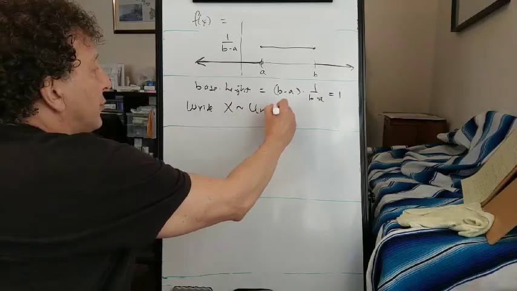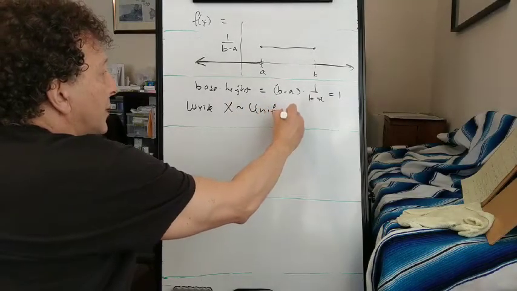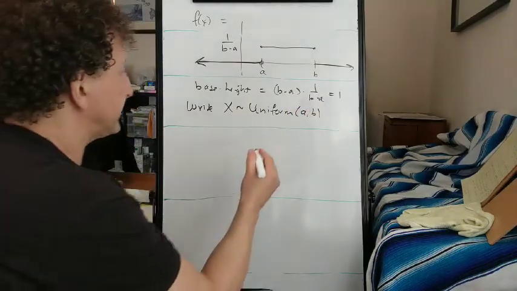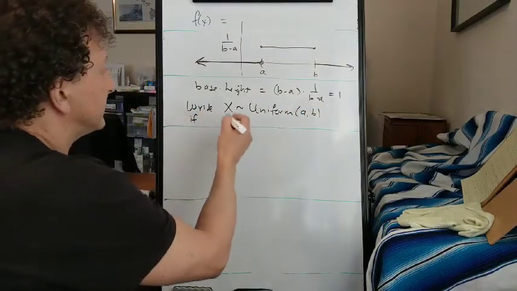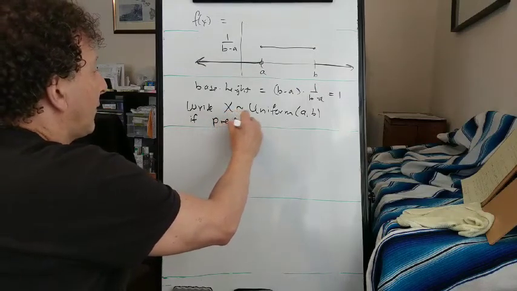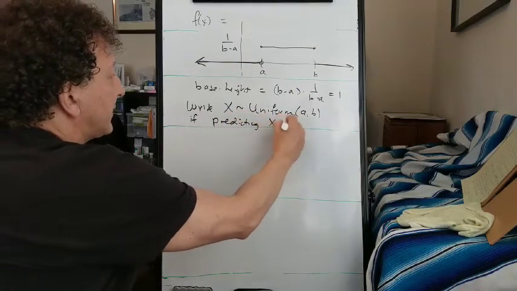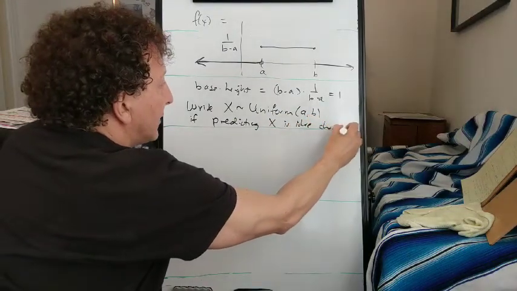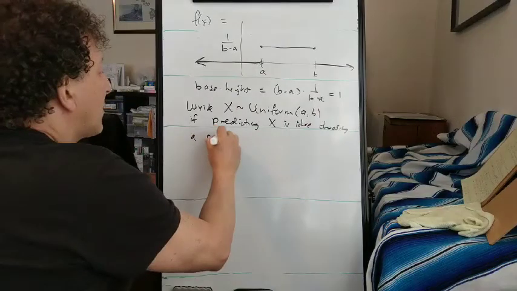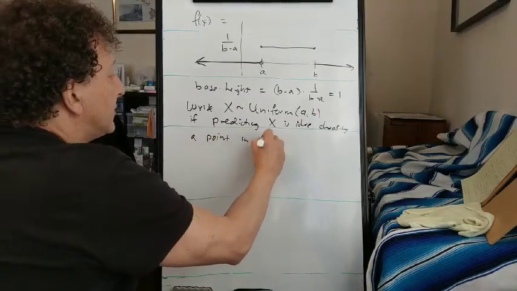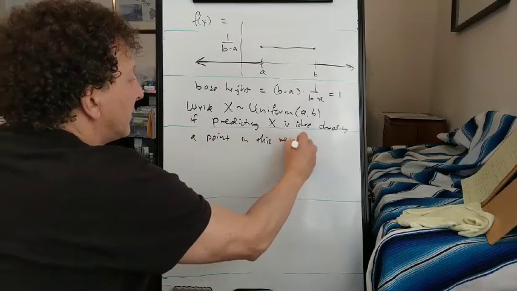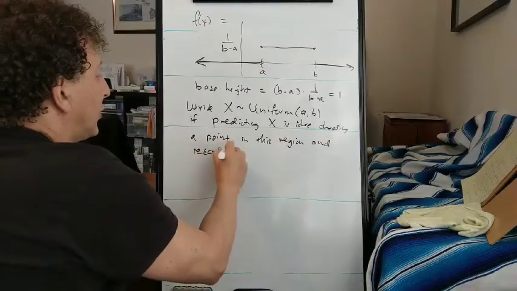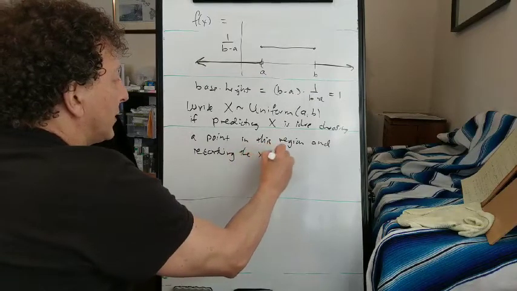So we'll call x uniform and write x is uniform on the interval from a to b if predicting x is like choosing a point in this region and recording the x coordinate.